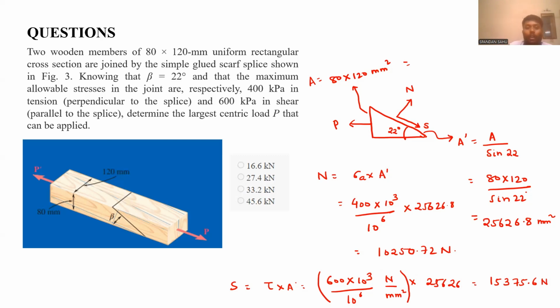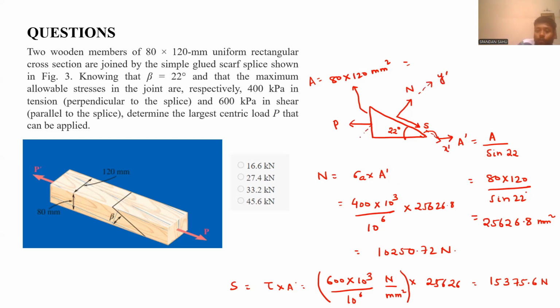Now, what they are asking is what will be the largest load P that can be applied on this given material. So we just have to take the components and write the summation of forces along the x prime direction and the y prime direction equal to 0.